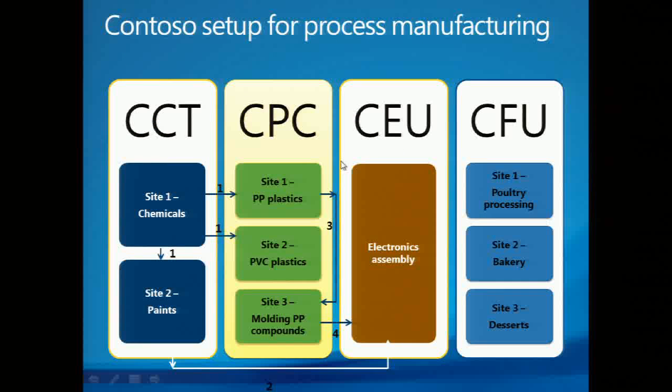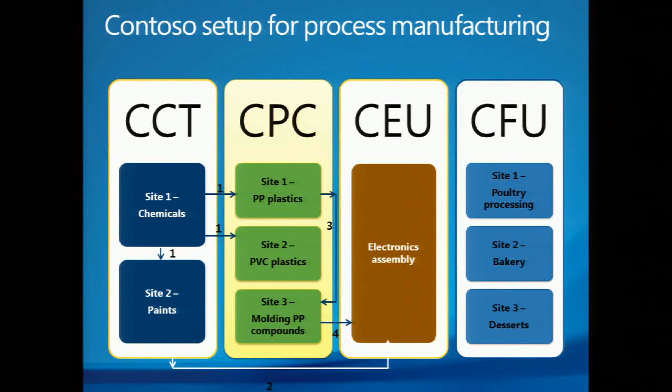I covered this in the past, in the last session. Since many people are repeating, I'll just spend less time on this. But basically what it is showing is the Contoso demo data setup, which you will get with the product. Basically what we have is 4 companies. The first 2 companies are chemicals and plastics companies, which will have data specific to chemicals and plastics companies.